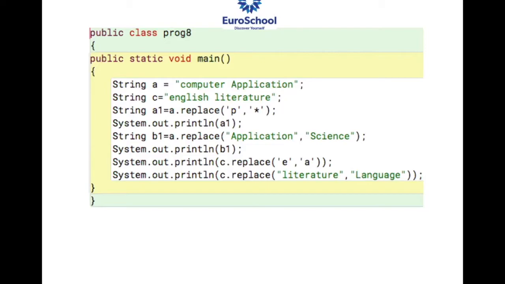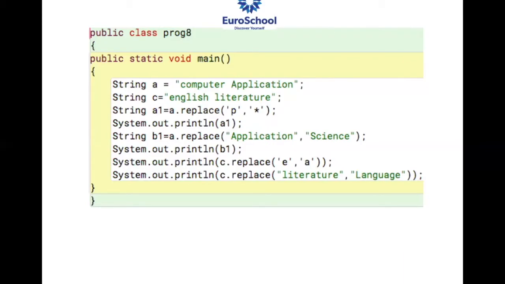Now, System.out.println C dot replace E with A. Now this I want Tanishka. Okay, I said System.out.println C dot replace E with A. So C has got English literature.